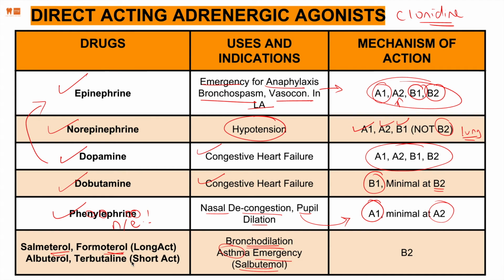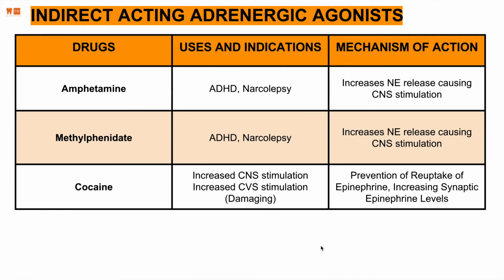Albuterol and terbutaline are short-acting drugs, specifically on beta 2 because we need lung activity here. Perfect, you guys? Great, then let's take a look at indirect acting, our AMP, our CNS drug. Another one was dimethylphenidate, the DMP. Remember? Perfect.